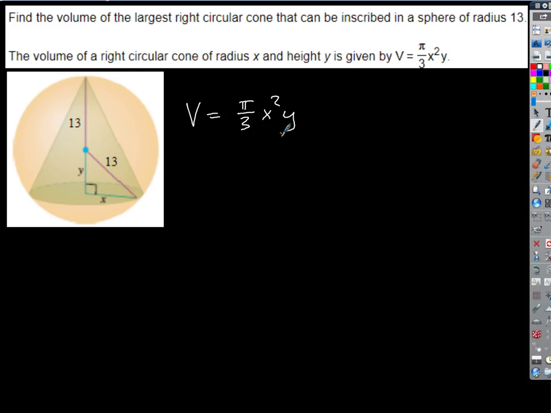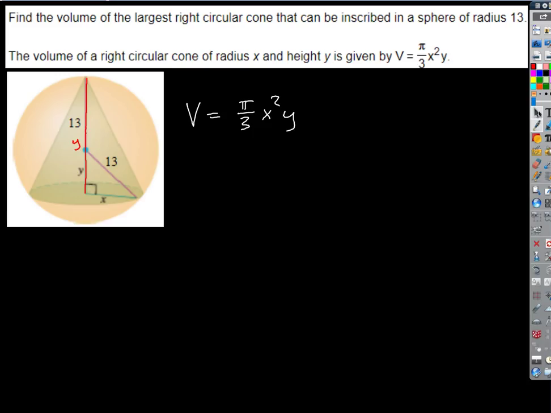So the way they've drawn it, y is the whole thing, so this quantity right here is actually going to be y minus 13. Okay, let me change that on here. So y represents that whole distance, right? That's y.